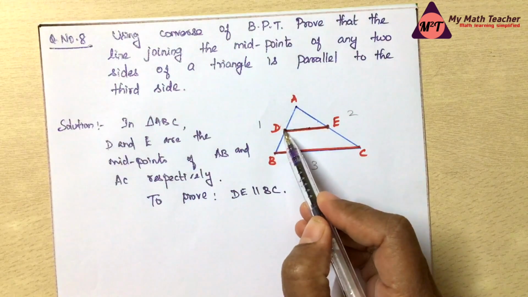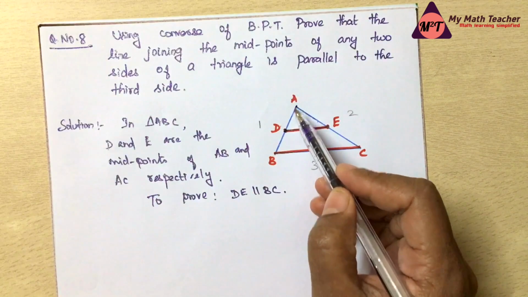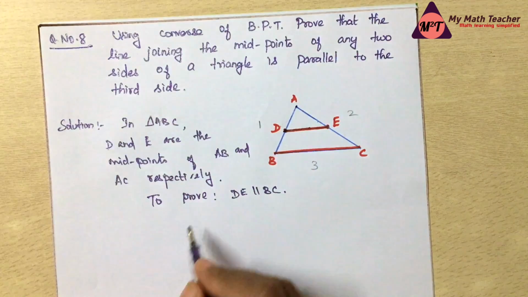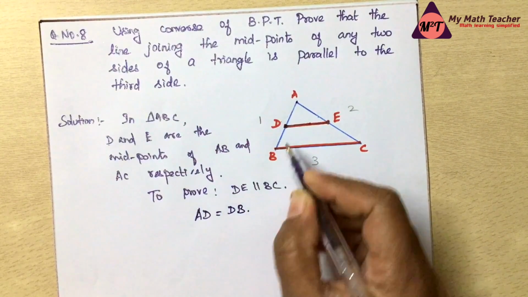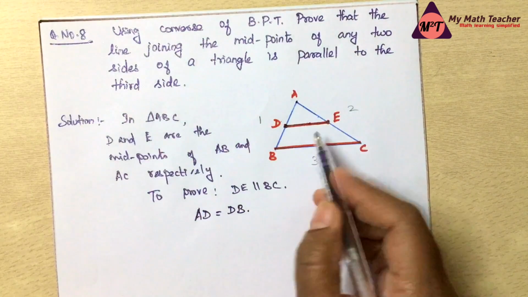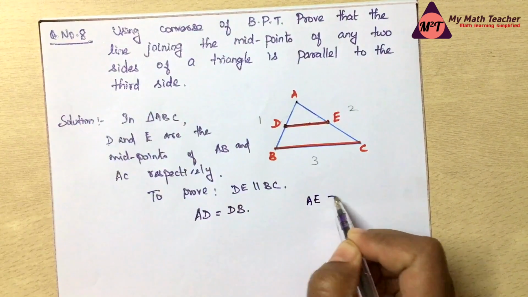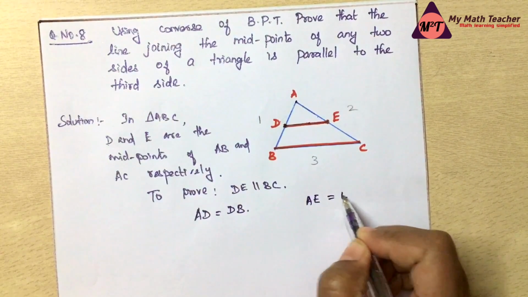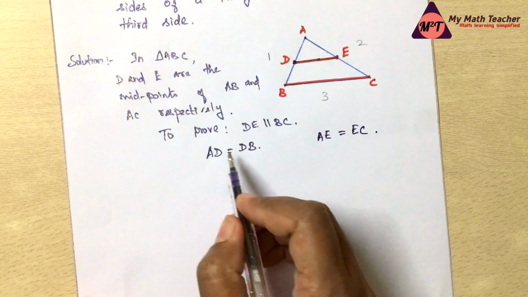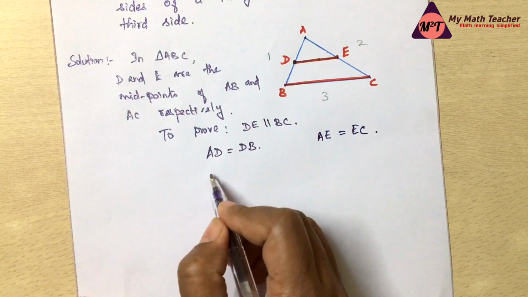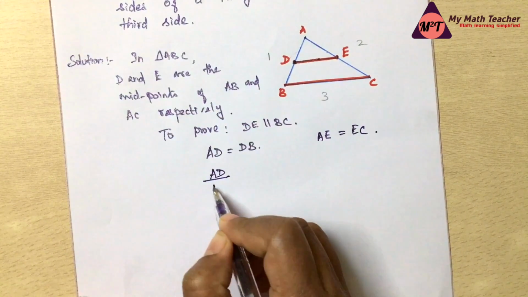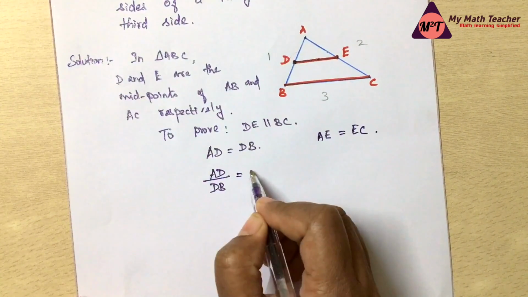As D is the midpoint, we can say that AD is equal to DB because it is the midpoint. Now, the same way AE is equal to EC. Now, here AD is equal to DB. So, I am bringing DB to the other side. AD divided by DB, here it will be 1.